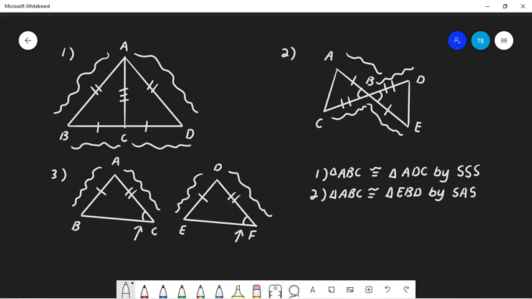So it seems like we have enough here to determine triangle congruence, but we actually don't, because the angle measures, even though they are congruent, are not the included angle. They're not between the two pairs of congruent sides. So we actually can't use either SAS or SSS to determine that these two triangles are congruent.